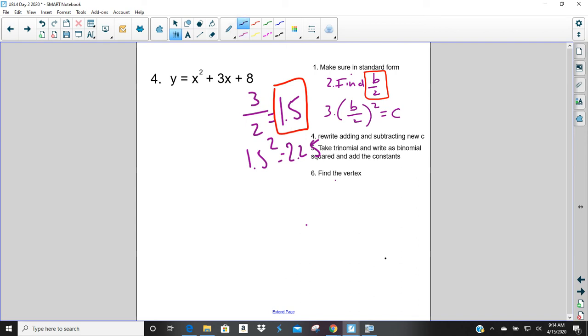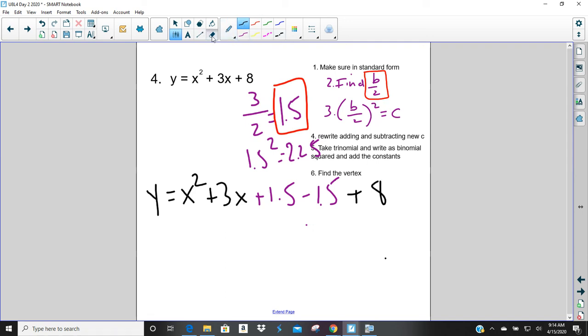I'm going to go back to my original problem, step 4, rewrite it: y equals x squared plus 3x. Now I'm going to write in my new c, 1.5 minus 1.5, and then I'm going to write down my old c plus 8, okay? Oh, I wrote down the wrong thing. My c term is not that.